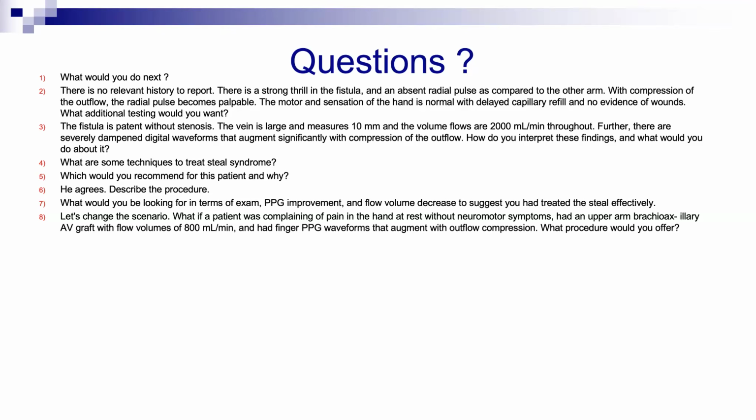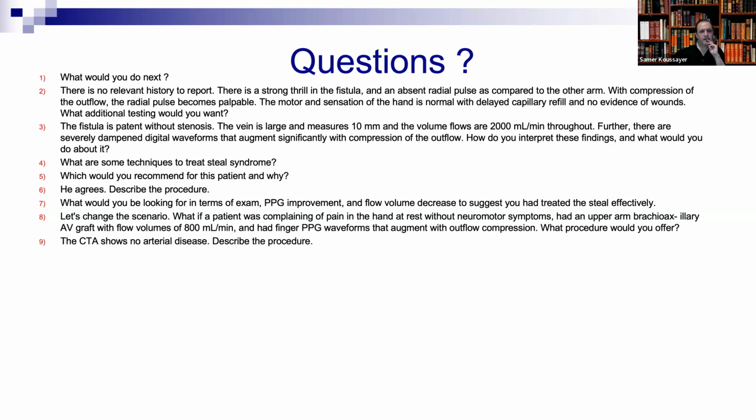Okay. He has what, axillary, brachial, right? Brachiocephalic. No, he has, let me see, a brachioaxillary AV graft. Yes. So a brachioaxillary AV graft. So how do you do it now? Arterial inflow. This is very important. You're right. You have to look for inflow. Always, guys, think about the inflow.